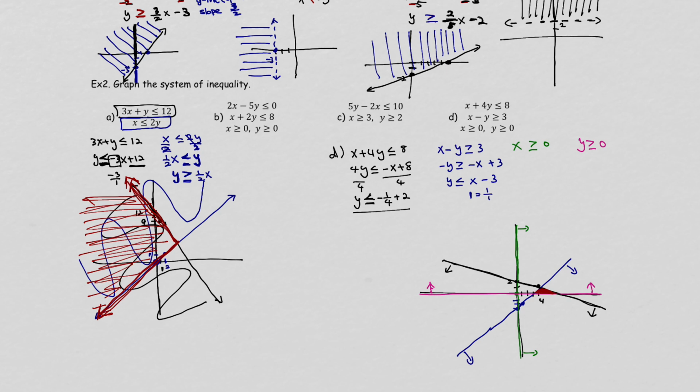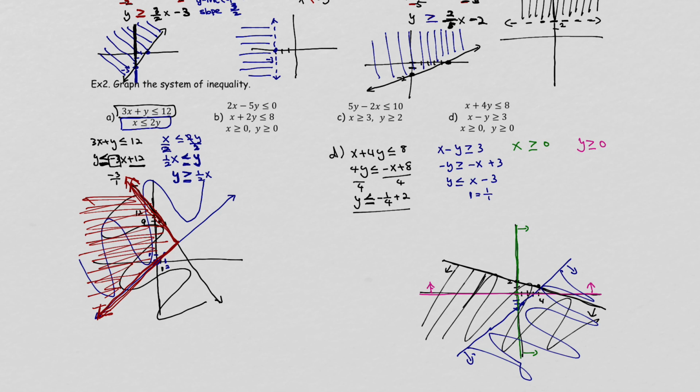If you don't see that, let me just color it first. So the black was here, right? Yeah. And then blue is here. And then the green is here. And then pink is here, right?